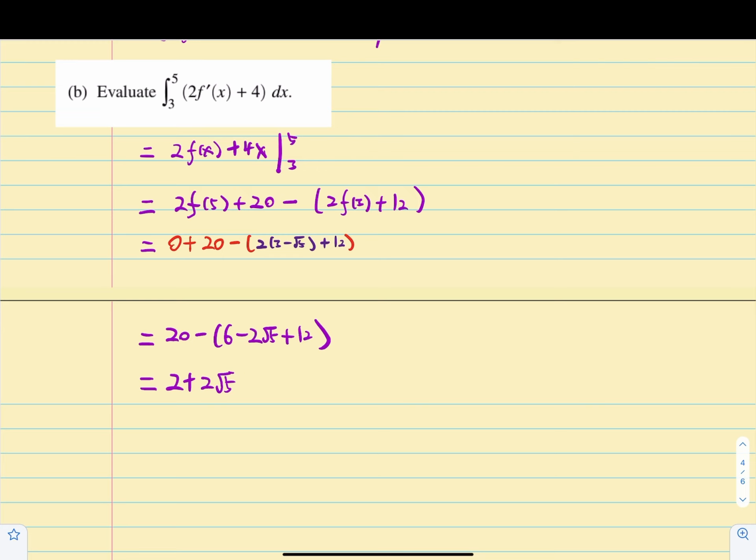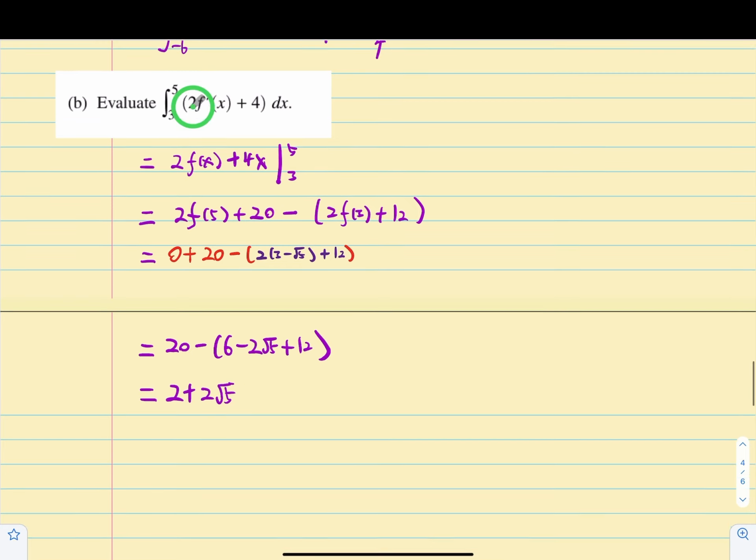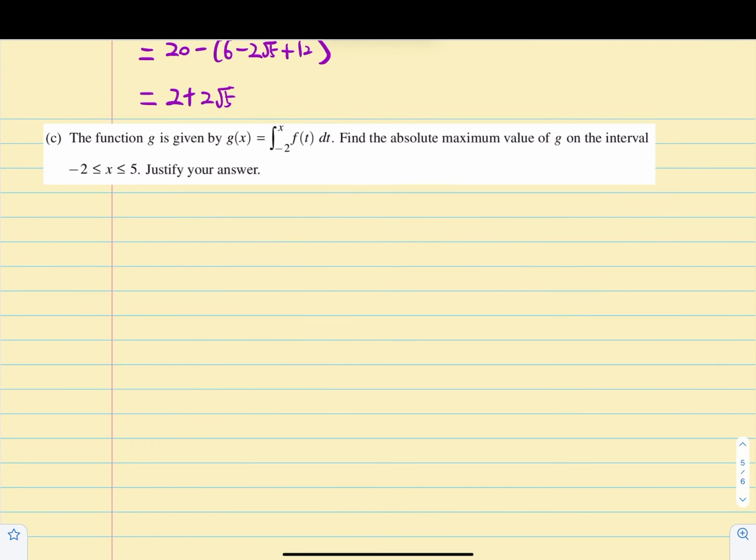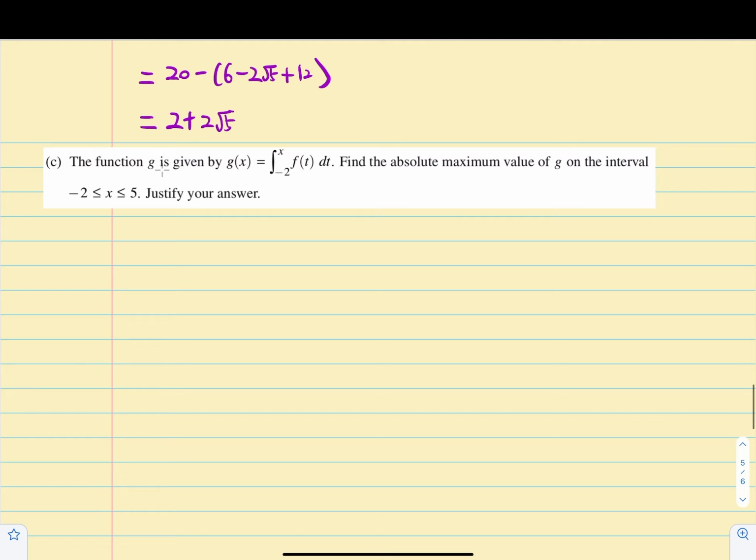That's the answer for question B. Okay, let's go to question C. We have the function g(x) equals the integral from -2 to x of f(t) dt. Find the absolute maximum value of g on the interval from -2 to 5. So justify your answer.